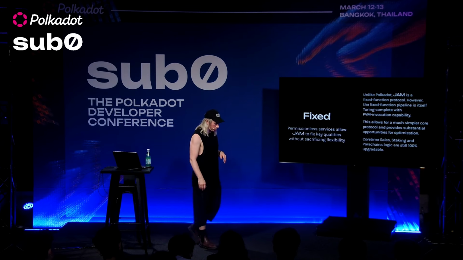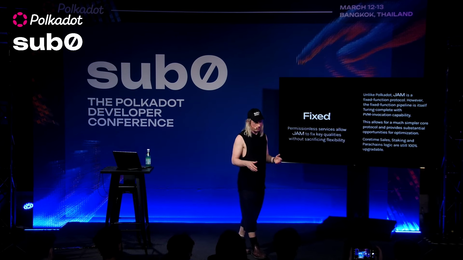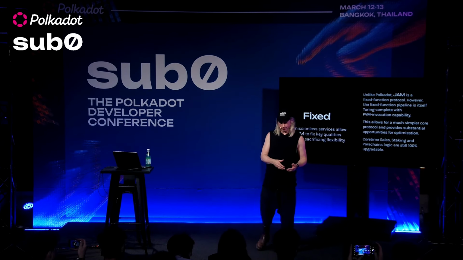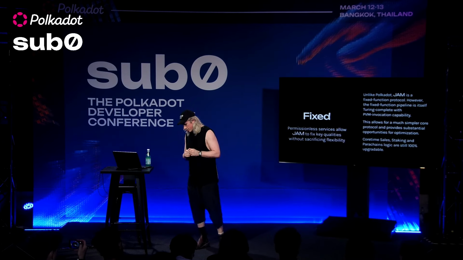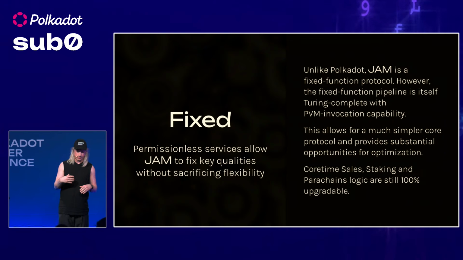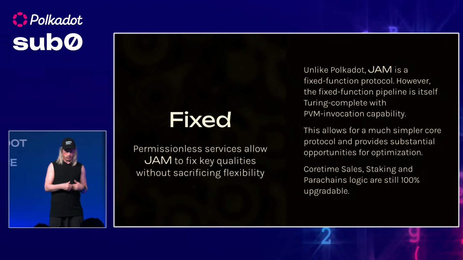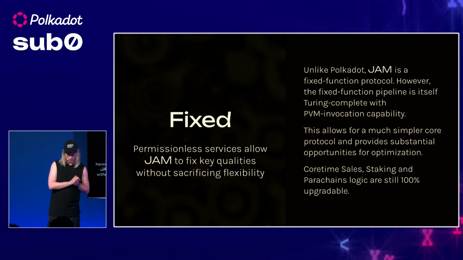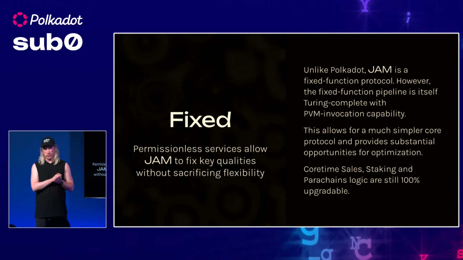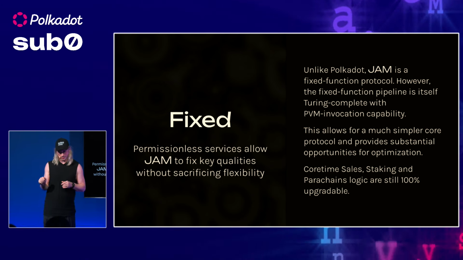Now, one of the architectural differences with Jam over the relay chain is that the Jam chain fixes quite a lot of the functionality, quite a lot of the pipeline. The relay chain does fix some things.